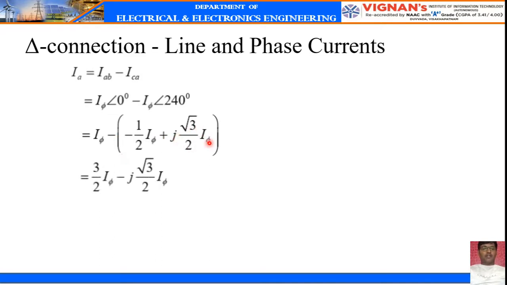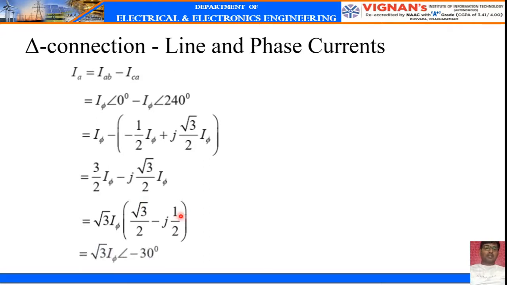So you will get 3 by 2 I phase minus j root 3 by 2 I phase, from which you can take root 3 I phase common. Root 3 by 2 can be written as cos 30 degrees and 1 by 2 can be written as sin 30 degrees. So what you will get is root 3 I phase at an angle minus 30 degrees.